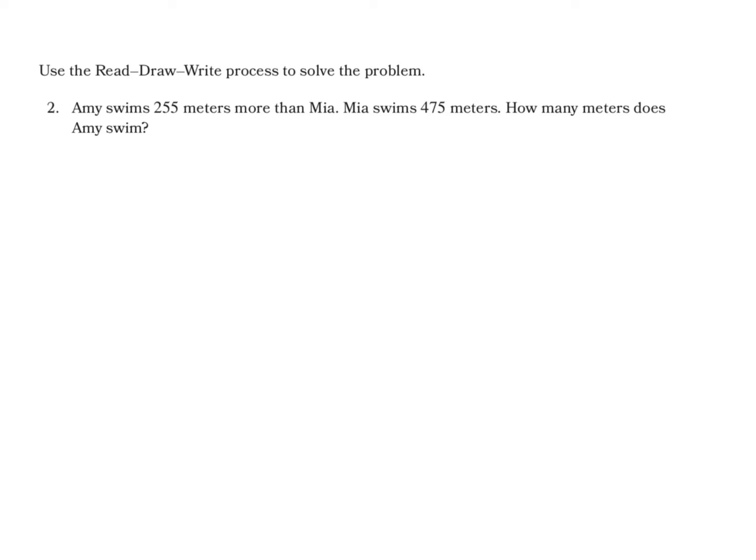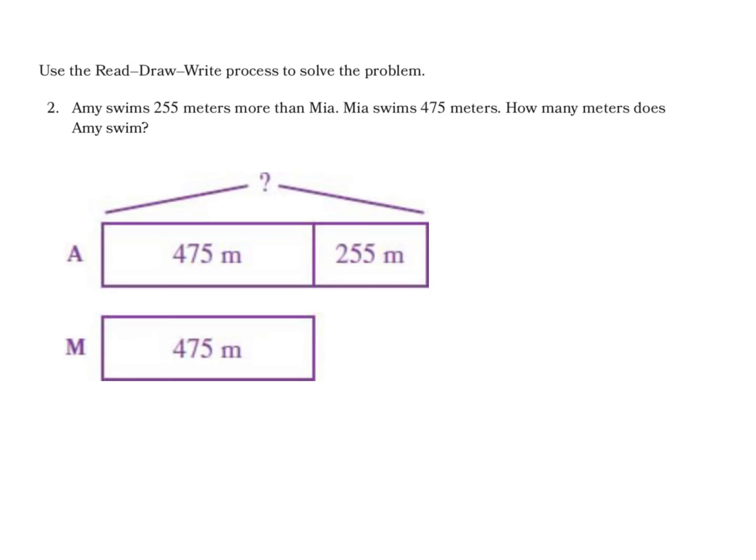Now let's look at number 2. Amy swims 255 meters more than Mia. Mia swims 475 meters. How many meters does Amy swim? So what I've done is I started off with drawing Mia, okay? So she did 475.